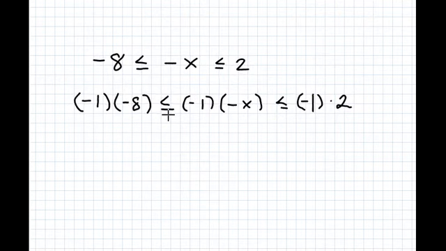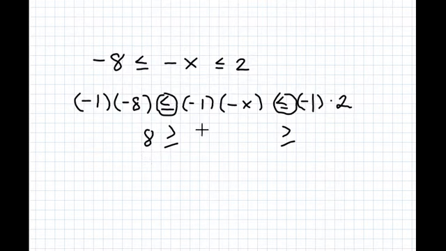But we have to remember, when we multiply through by a negative, we have to flip our inequality. So we want to make sure that we flip this guy here. So that needs to be flipped, right? So flip that like that. So negative 1 times negative 8 is just 8, and negative 1 times negative x is going to be x, and negative 1 times 2 is negative 2.